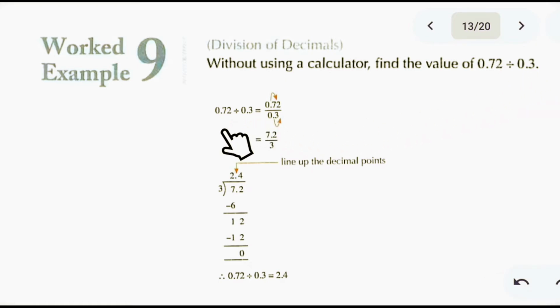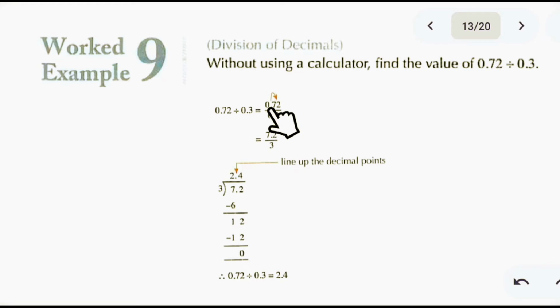The first method is to make them whole numbers. Write 0.72 divided by 0.3 in fraction form, and after writing it, move the decimal to your right. If you move it one place in the numerator, you move one place in the denominator.